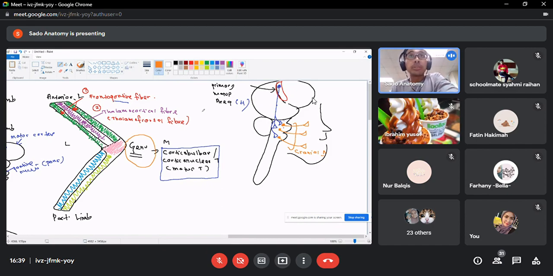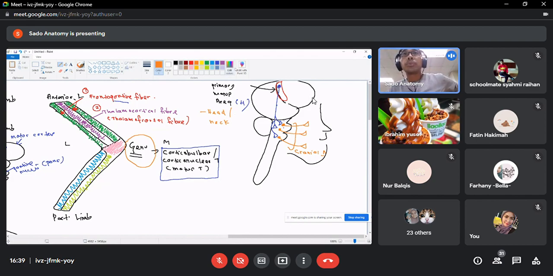More precisely, class, which part of this primary motor area? The medial surface of the primary motor area, which is the primary motor area that controls your head and neck muscles. Okay, head and also neck muscle. Which is the medial surface of the primary motor area. All right, head and neck areas, right?